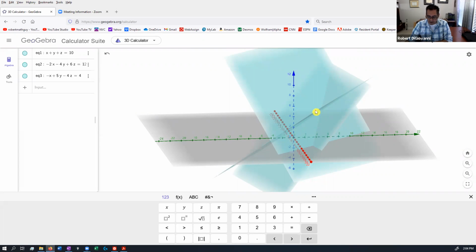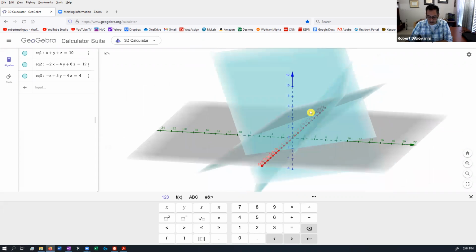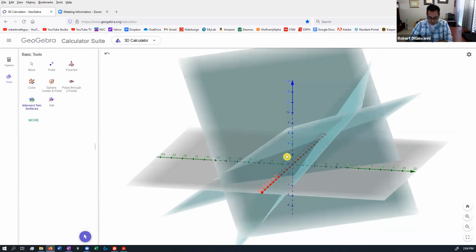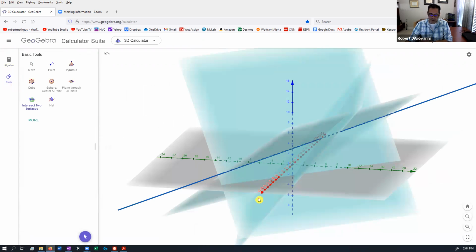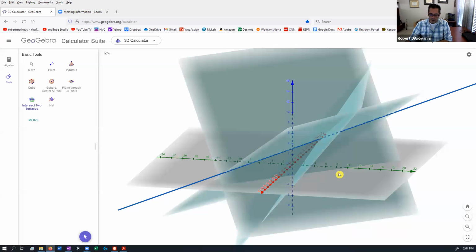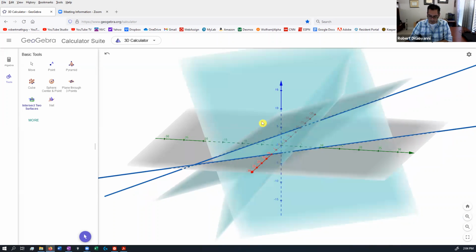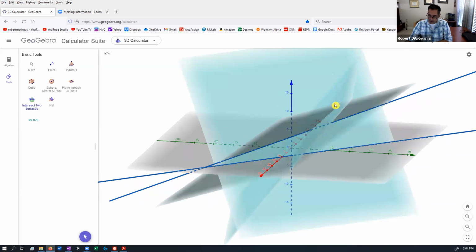And you see that the computer's not allowing me to do that, although there is a tool. I can find the intersection of 2 surfaces. There we go.